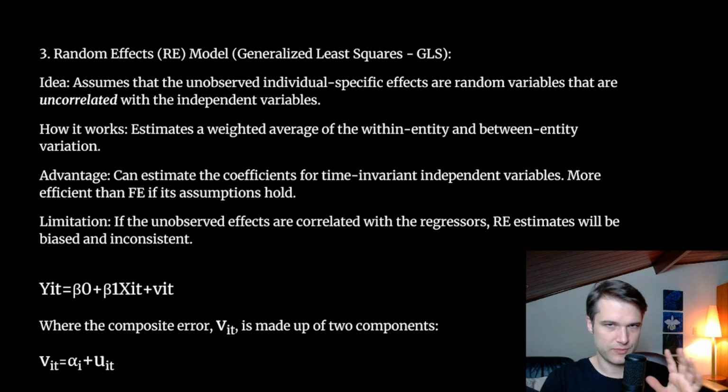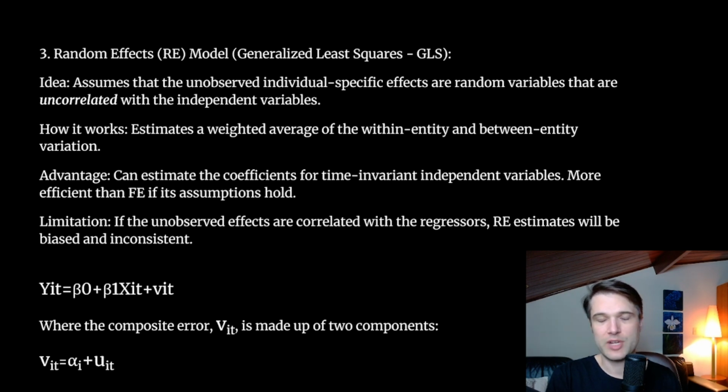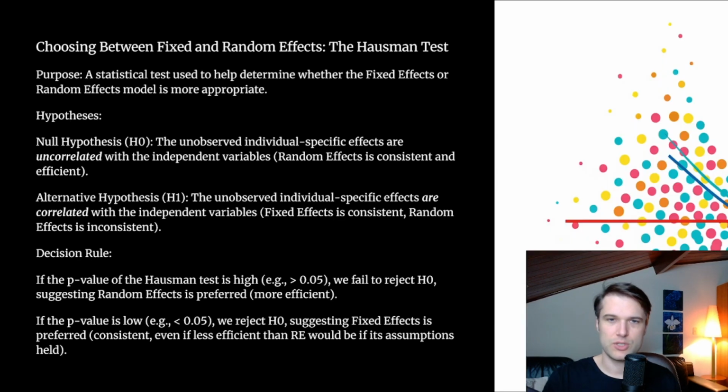So as of this point, just understand that those three models are the most important ones, but most of the time we are going to stick with fixed effects and random effects, and you have to run a test which is called the Hausman test to choose between random effects and fixed effects. And it's a hypothesis test. The null hypothesis is that the unobserved individual specific effects are uncorrelated with independent variables, and then you go for random effects.